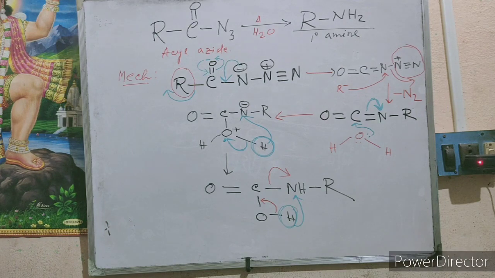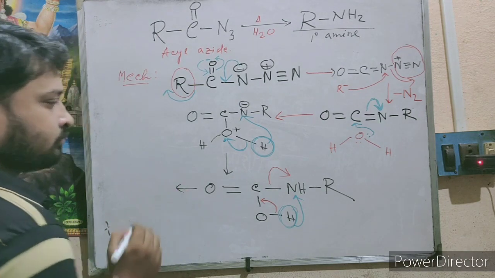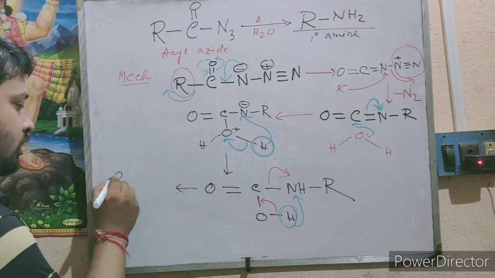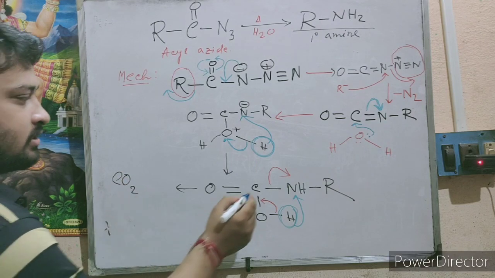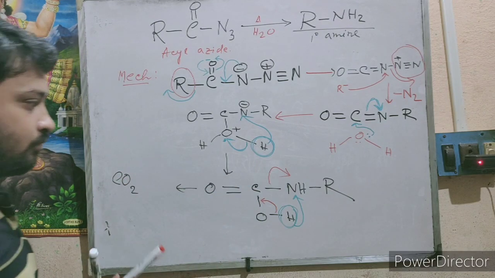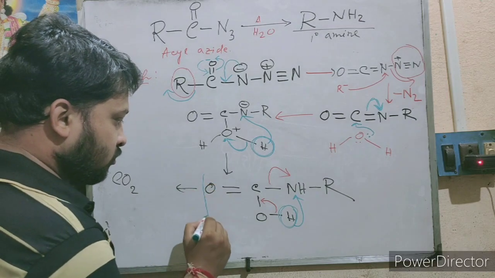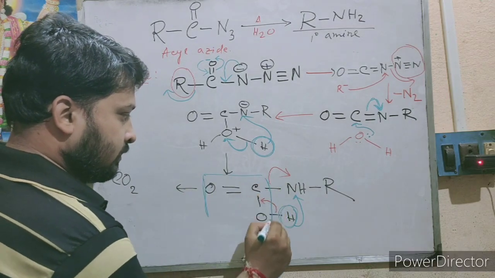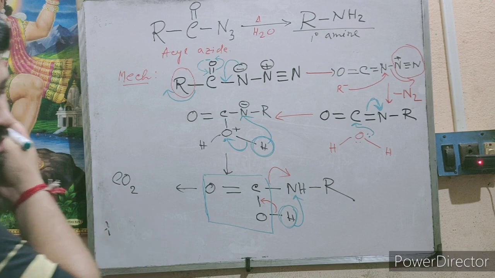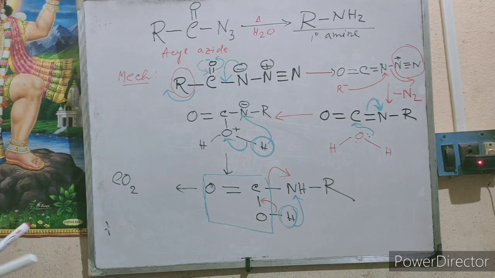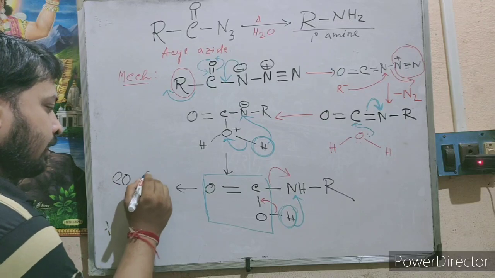So the next and final step is CO2. This product is CO2. This CO2 is formed, so you get RNH2.